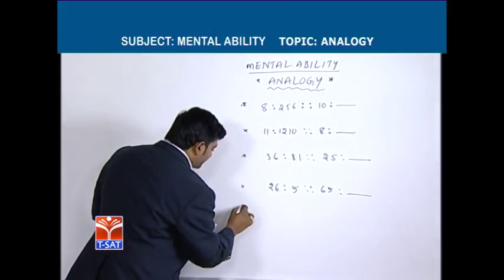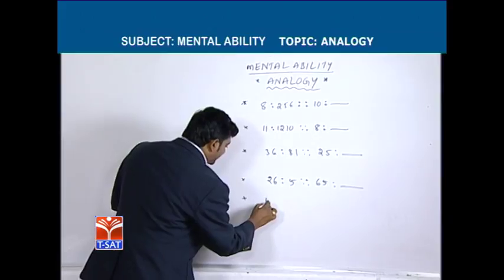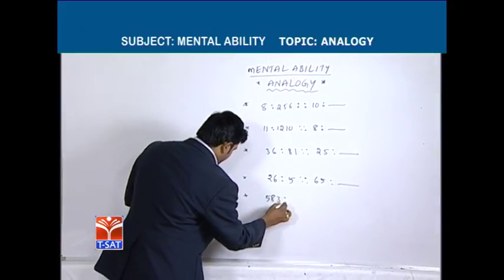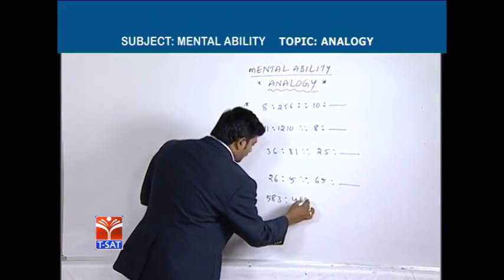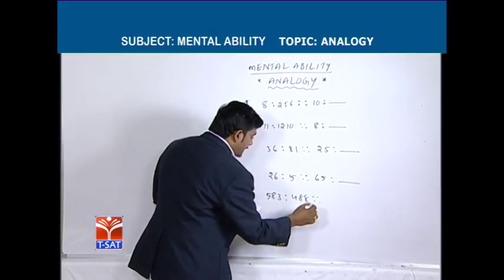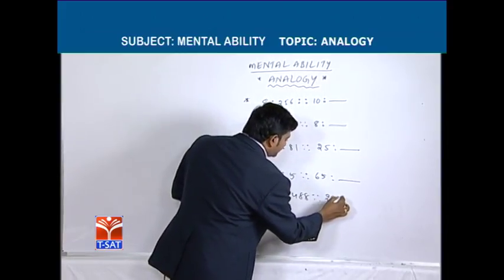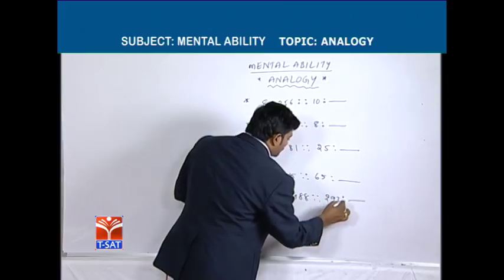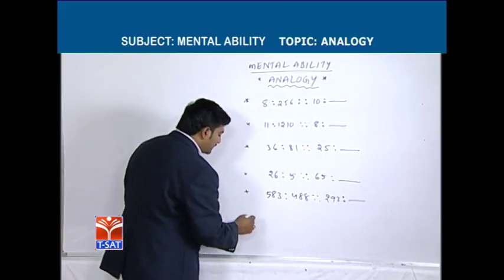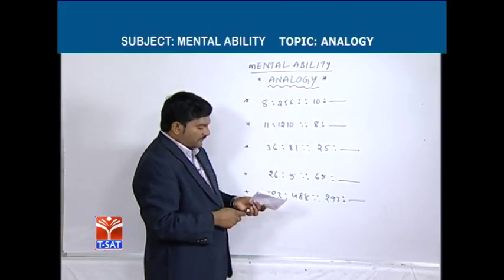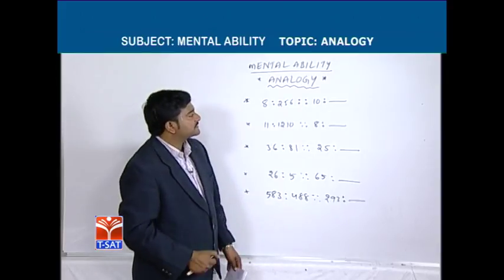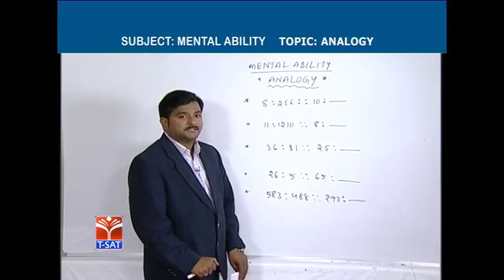So now observe here, 583 is to 488 as 293 is to dash. Now these are the 5 questions, or else 5 different models we can say. Now let us start by discussing one by one.